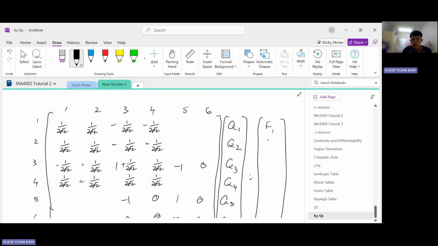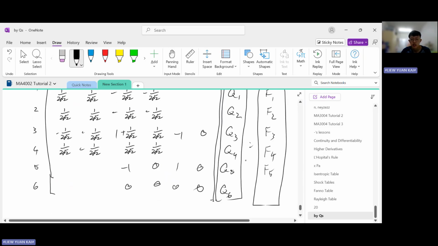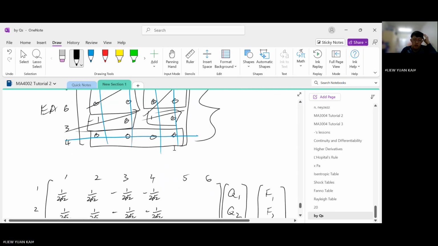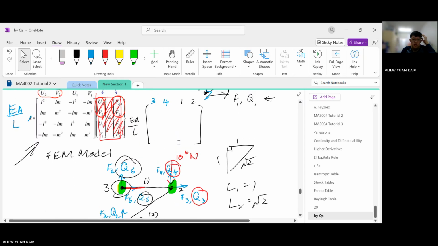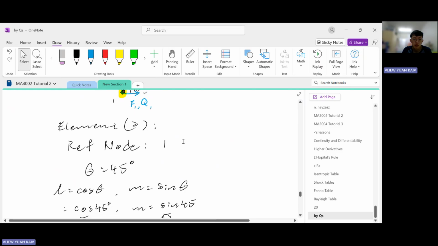So F1, F2, F3, F4, F5, and finally F6. Okay, so we can substitute in the boundary conditions.